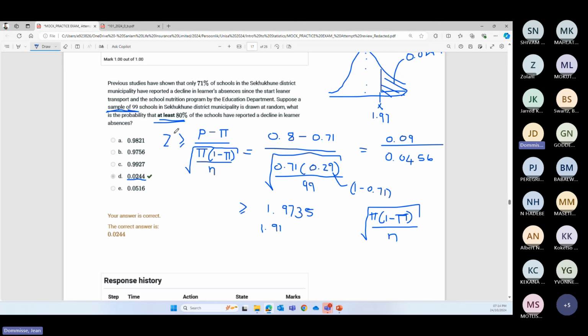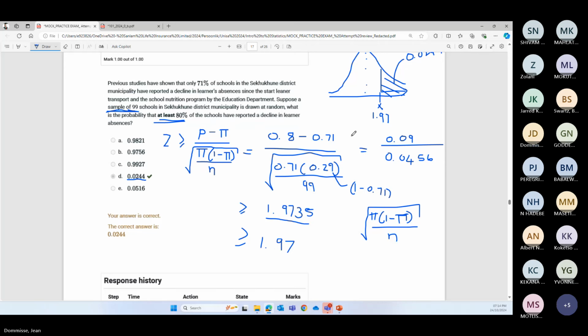And then if we work that out, we will get the 1.9735. So to use the table, we need to round that off. So we basically need to get the Z value of bigger than 1.97 for the probability.